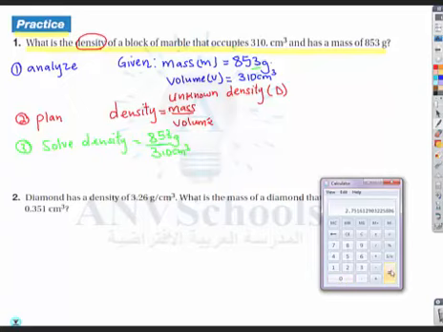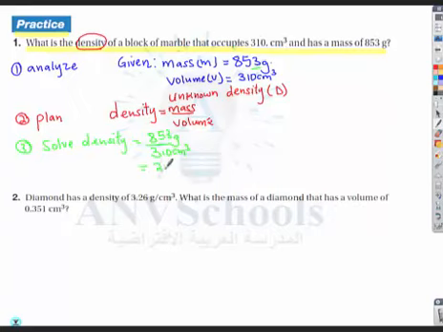We will be having 2.75 grams per cubic centimeter.